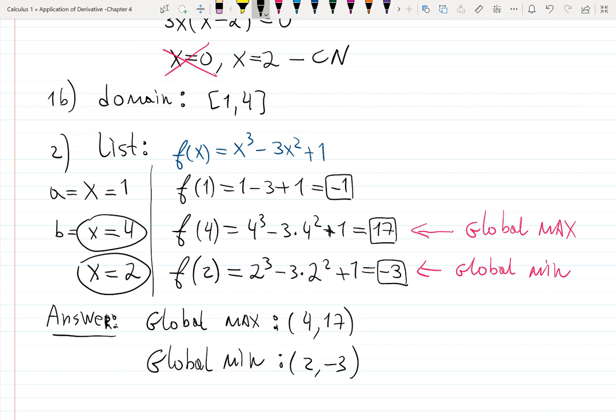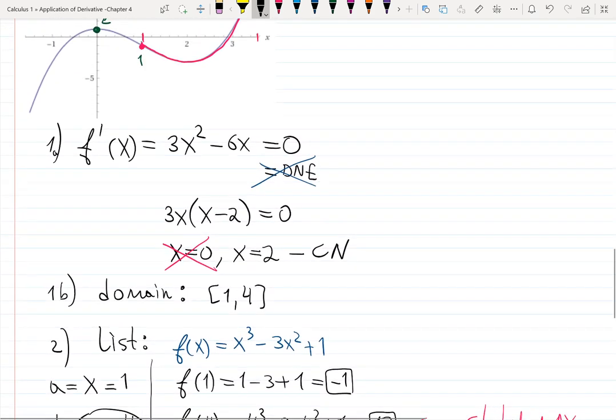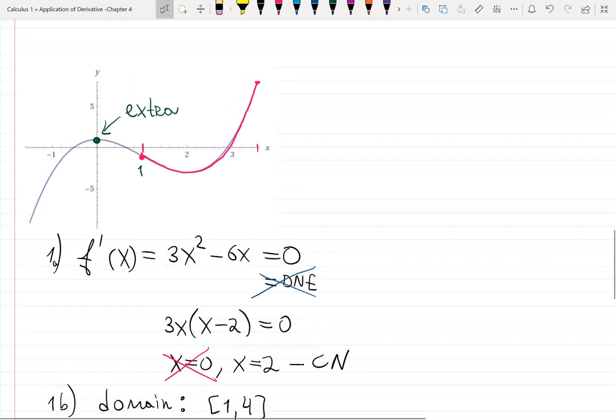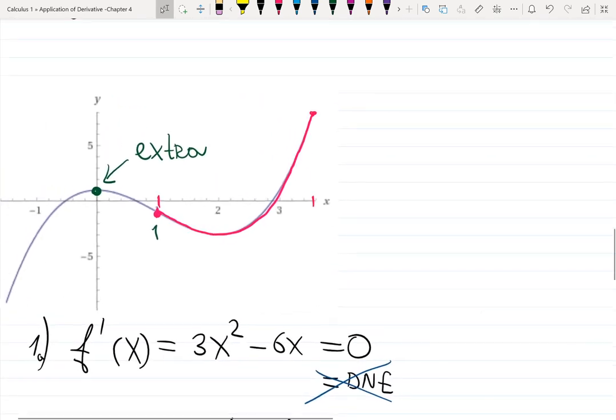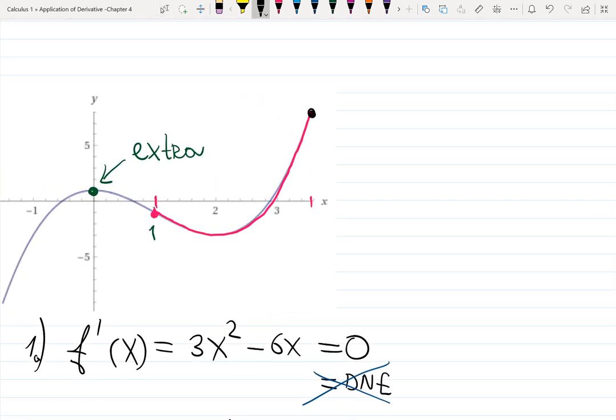So wait, does it mean that the graph was right? Look at the graph. The graph told me that this point on the right definitely will be the highest one. So that's going to be the global maximum over here. We could see it now at 4. Then this point is not the smallest one because this pit seems to be smaller than this edge. And it happens at 2.